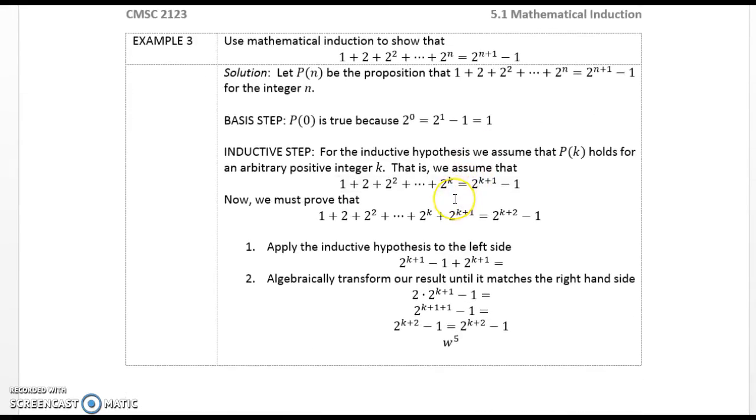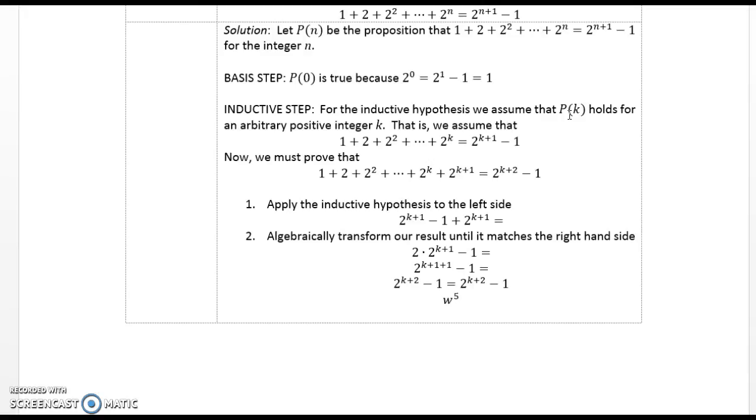Example 3. Use mathematical induction to show that 1 plus 2 plus 2 squared plus ... plus 2 to the n is equal to 2 to the n plus 1 minus 1. Let P of n be the proposition that the sum of the geometric series 1 plus 2 plus 2 squared plus ... plus 2 to the n is equal to 2 to the n plus 1 minus 1 for the integer n.